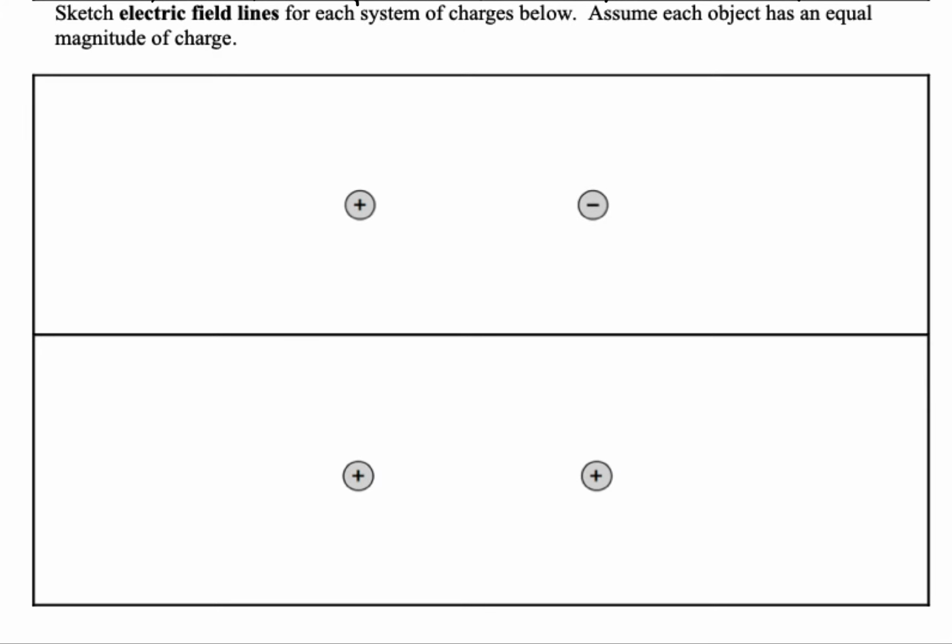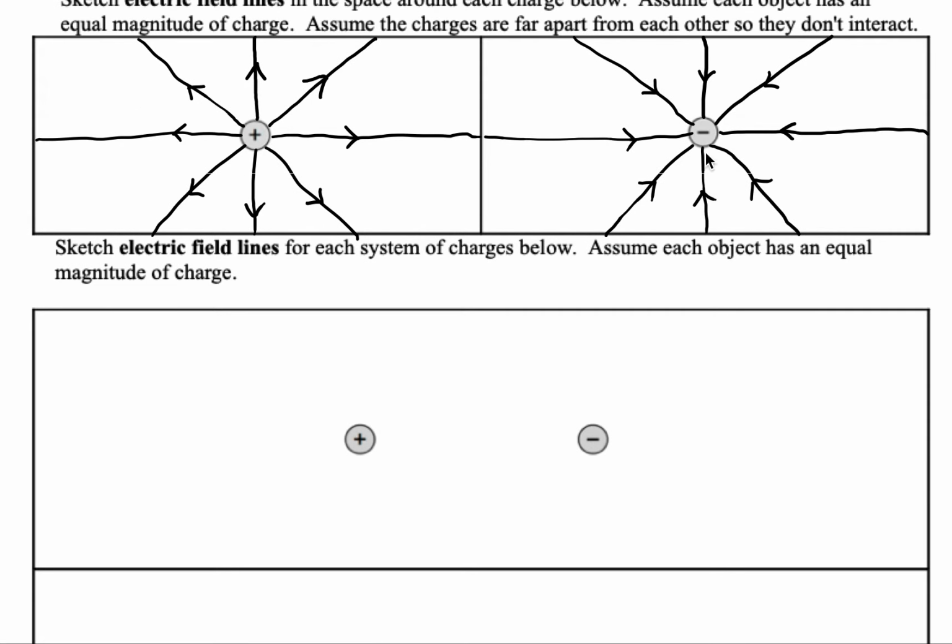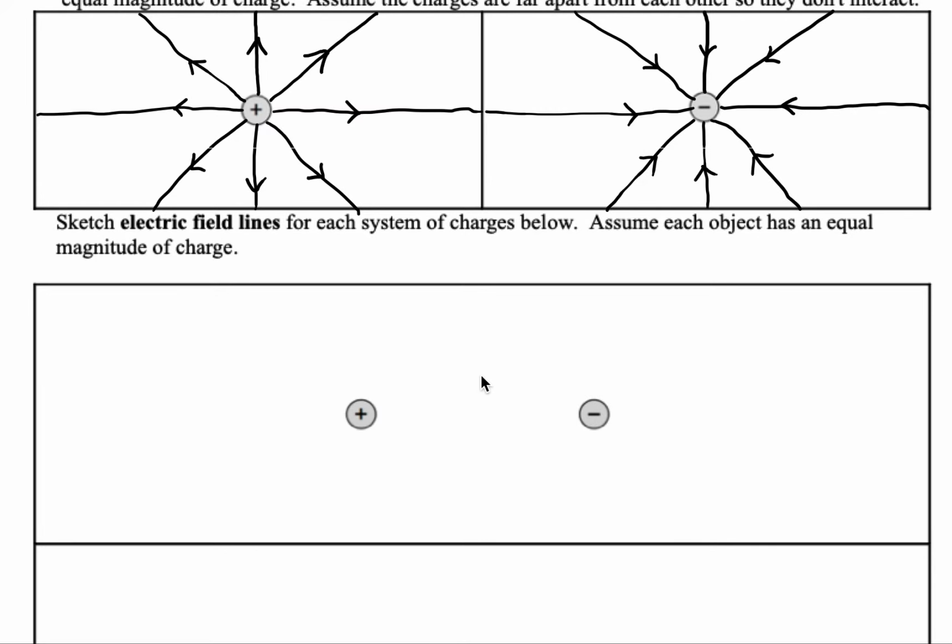What if we have two particles that are near each other? What would the field lines look like now? Well, we just want to take the two drawings above here and connect them. So we need a smooth continuous line that goes from the positive all the way to the negative. We're going to see that our lines will bend, and lines that leave the positive will have to come back and enter the negative.